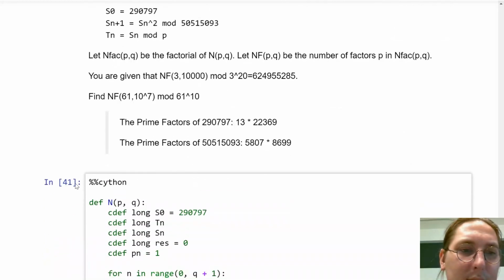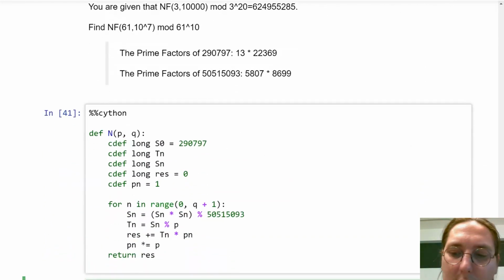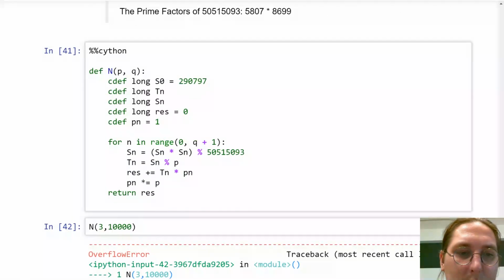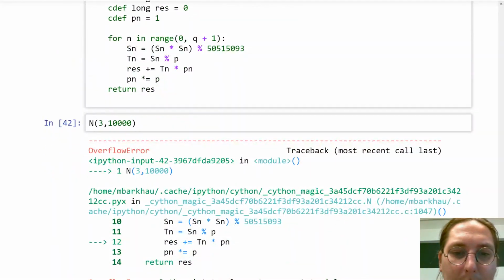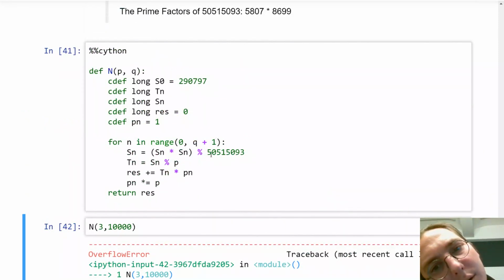Let it run, see what happens. Overflow, because the number is more than 3 to the 20th.